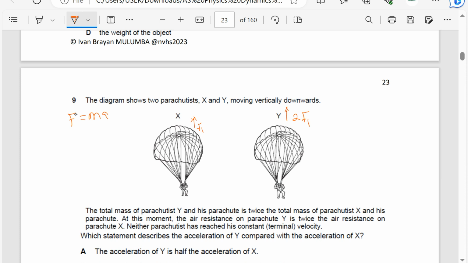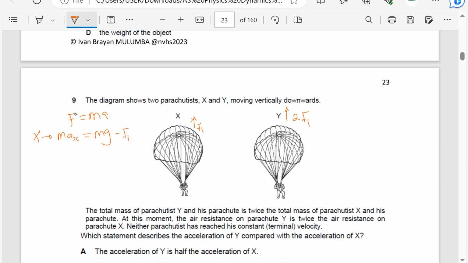But I want you to remember how we get the resultant force. So let's check for X. For X, the resultant force will be the mass times the acceleration of X, which I'm going to call a_X, and it should be equal to the mass m times acceleration due to gravity, then minus F1.